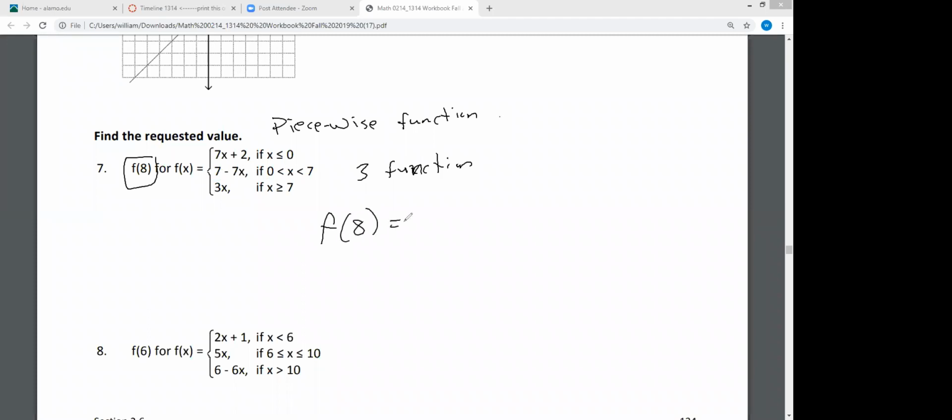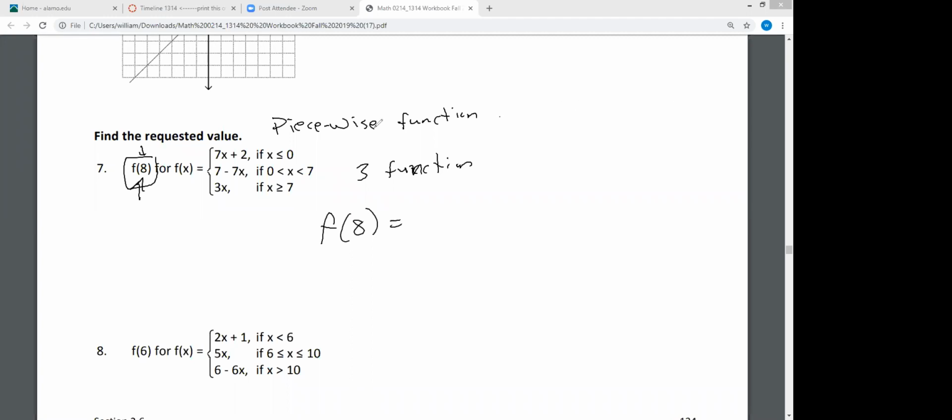By the way, what am I looking for? It says find the requested value. What am I looking for? It says find f(8). What does 8 represent? What letter? Thank you. Somebody's typing something in there.